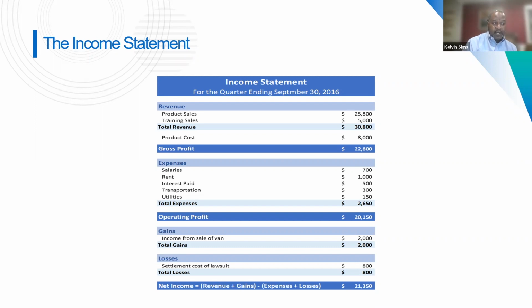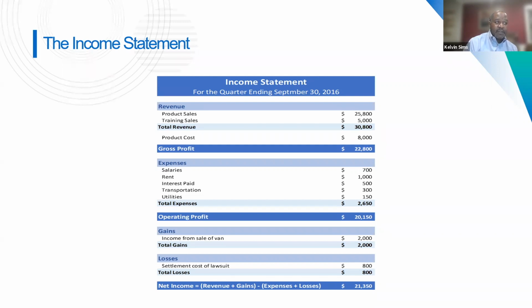So our net income, taking our revenue of 30,800 plus our gains of 2,000, giving us 32,800, minus our expenses of $2,650 plus our $800 of losses, will give us a net income for that month of September of $21,350. So it's kind of like straight math, just putting it in the right buckets.